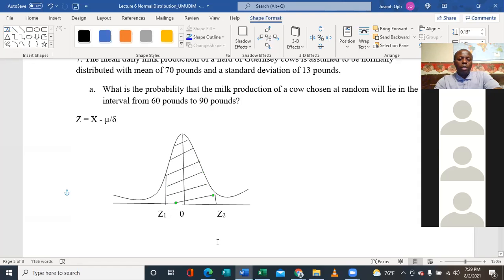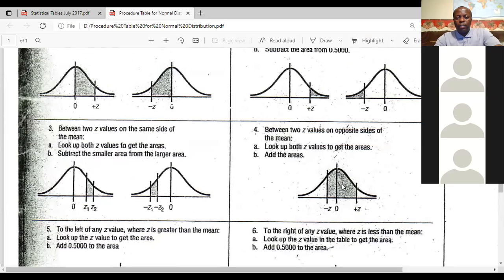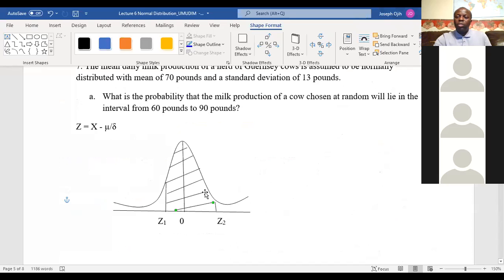Now you look at the procedure table to see what it says when it is in that form. It looks like this one here. So you look up the Z values from the table and then add them to get the probability you're looking for, because this chart looks just like the one that I just drew. So the question will tell you how to draw the chart, and when you draw the chart, compare the way it looks to what you have on the procedure table, and then follow the instructions there to get your area for Z2, or Z1.